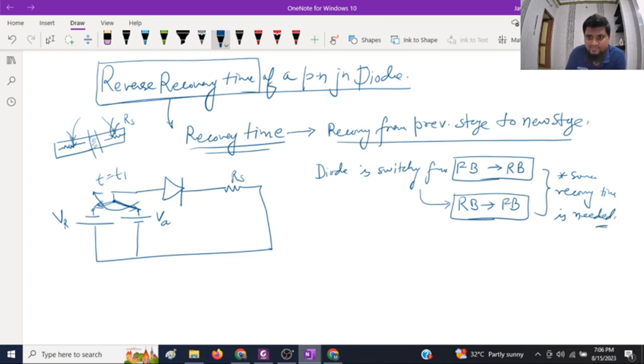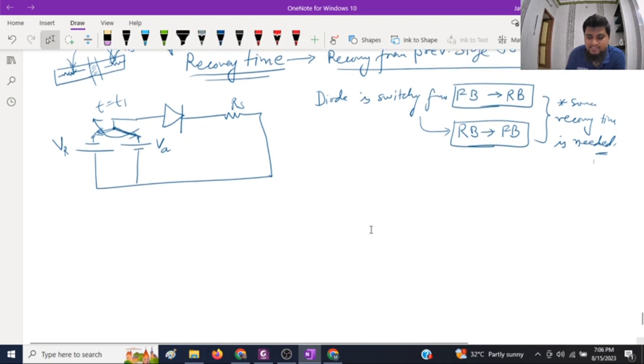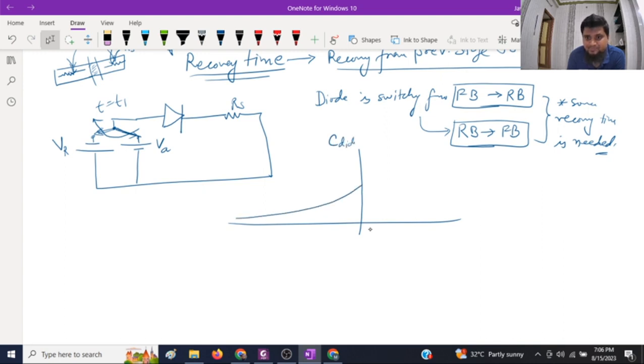Now, as I have discussed in depletion capacitance and transition capacitance, the diode capacitance in reverse bias is the depletion capacitance, C depletion, and in forward bias it has diffusion capacitance, which increases exponentially.